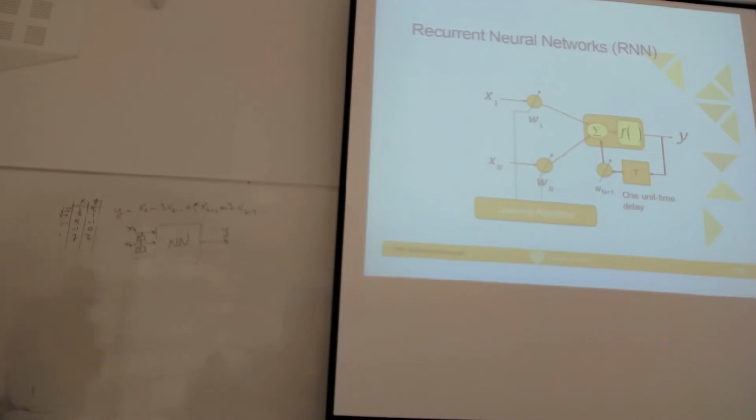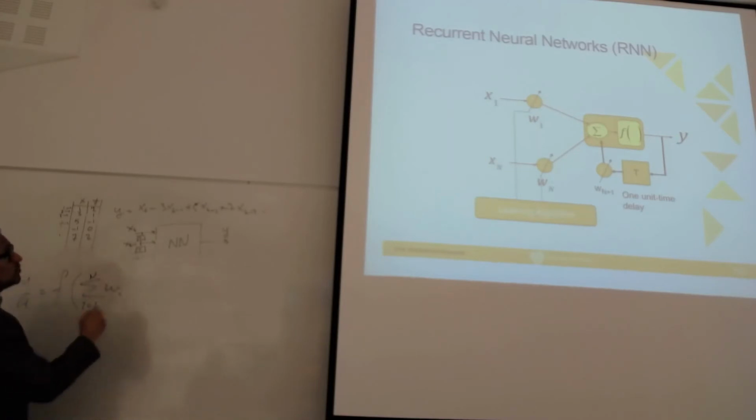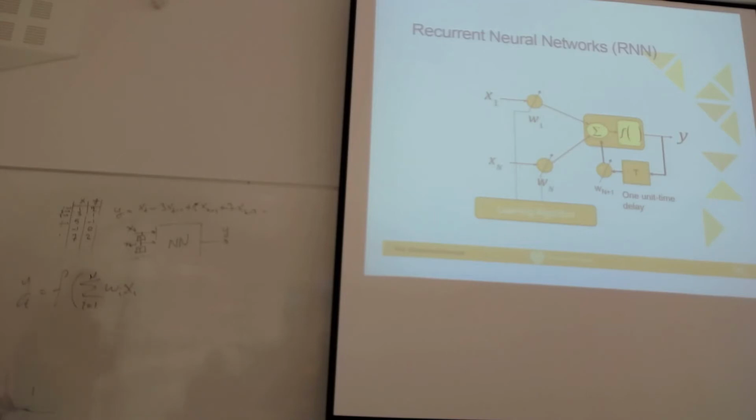So in this case, the output for this neuron at time t is equal to a function of the summation from i equal to 1 up to n of wi times xi. This is as we saw before in the neural networks, but now we have a new input.